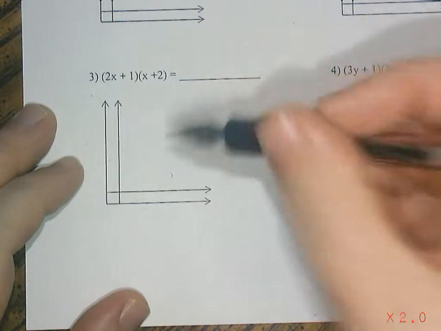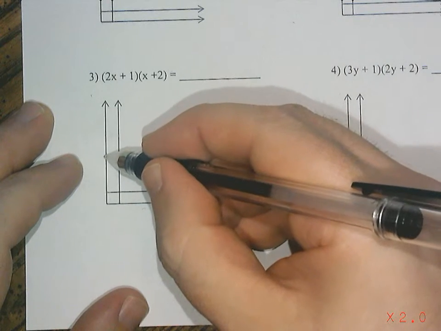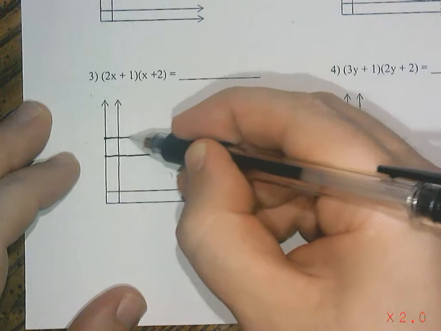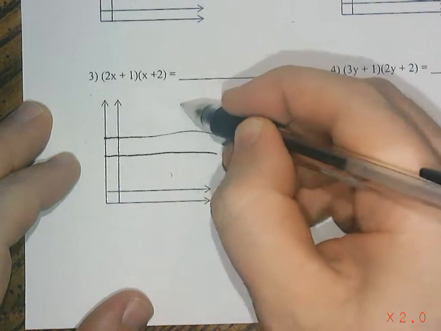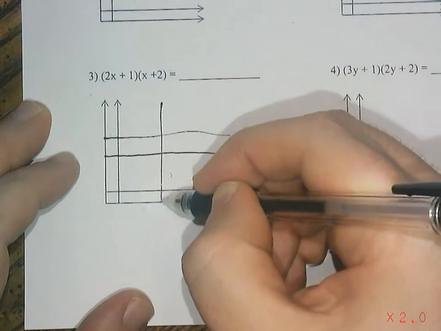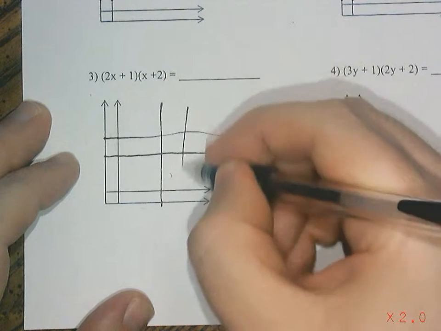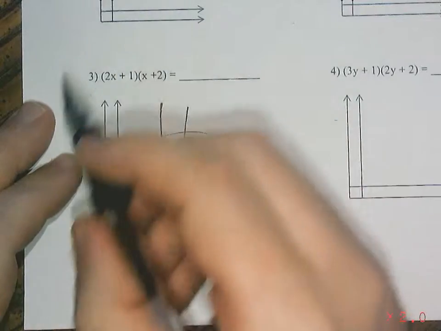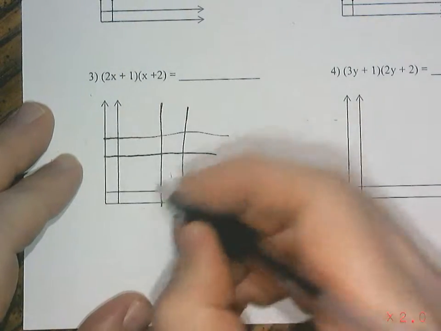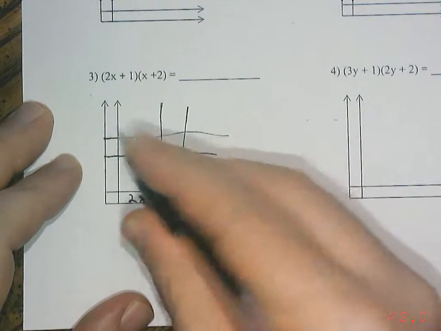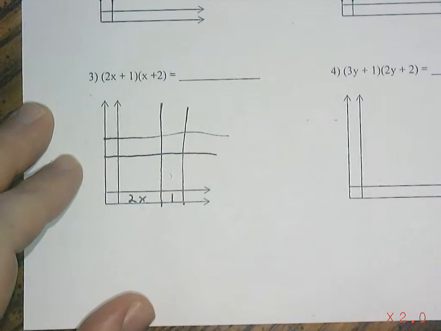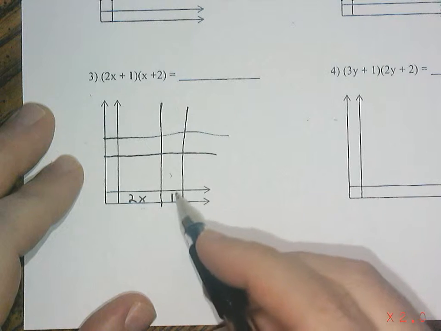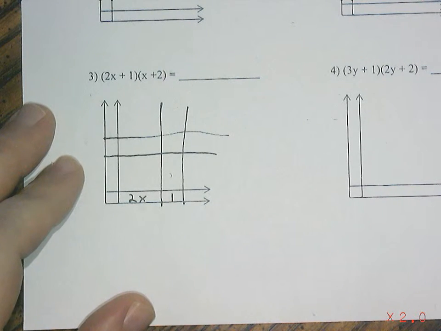So first thing I'm going to do is I'm going to make a box. So you got your big, going to make a bigger box for the square part and smaller box for the others. Okay. So I've got, let's do this equation first, 2x and then plus 1 right there. If it had been minus 1, this would be a negative 1 that I would put in there.